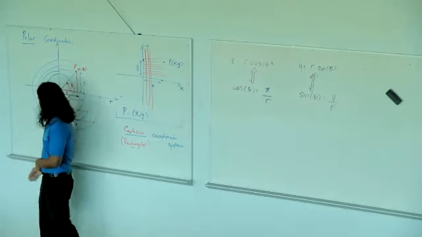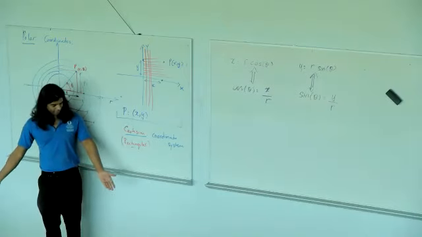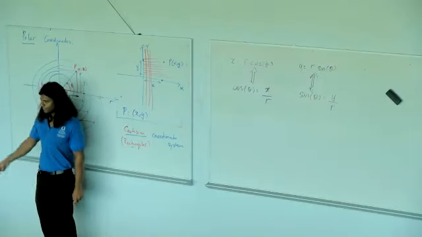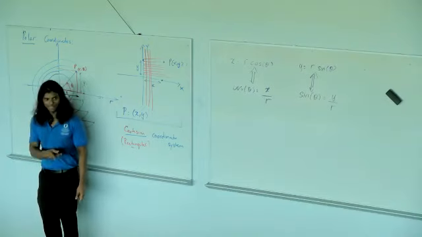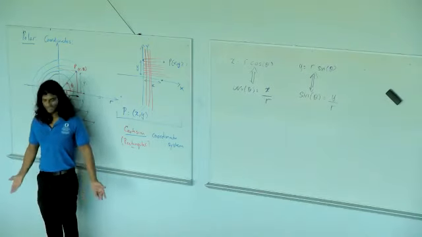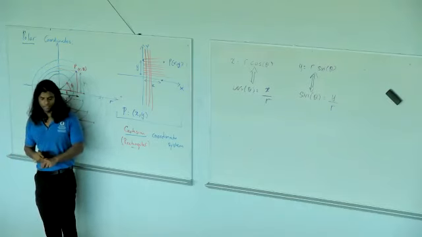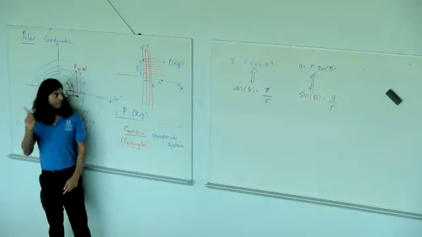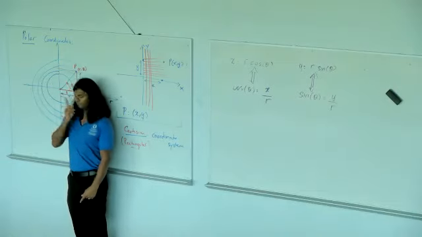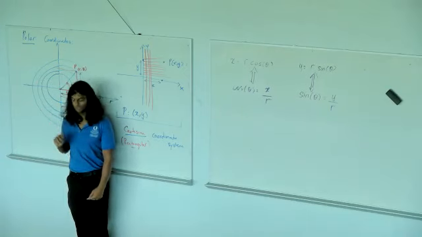But if I want to measure the dimensions of this floor, I'm not going to go with the polar system. That's silly. The floor is in the shape of a rectangle, more or less. Go to the Cartesian system. So which system to use is a matter of choice. You can always go between the two systems.